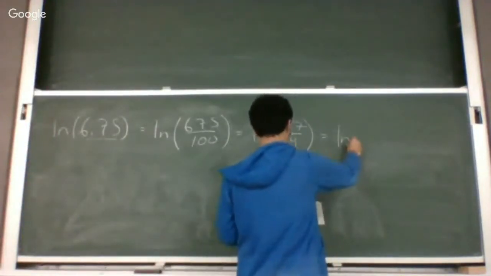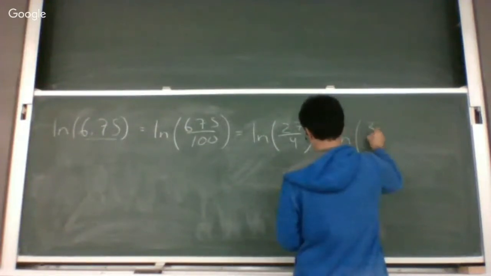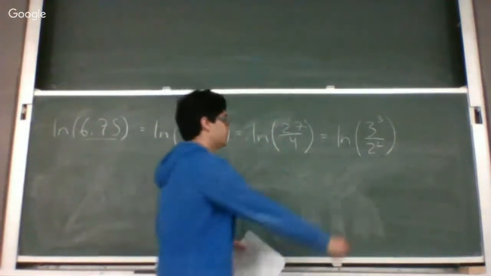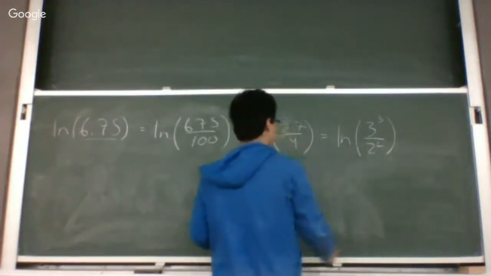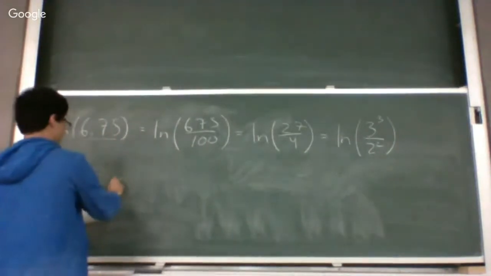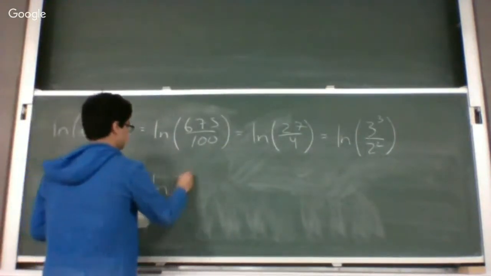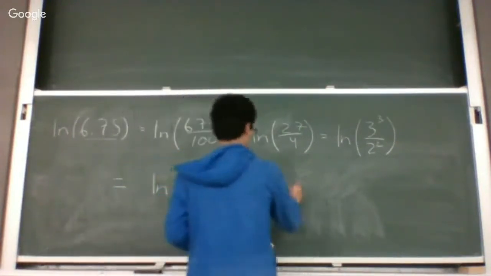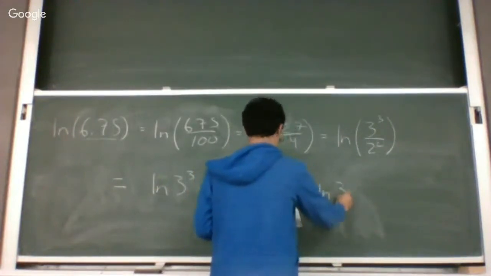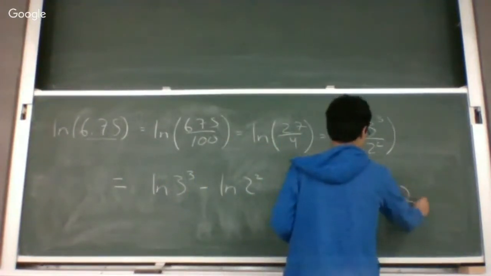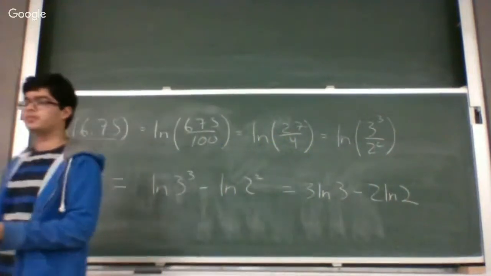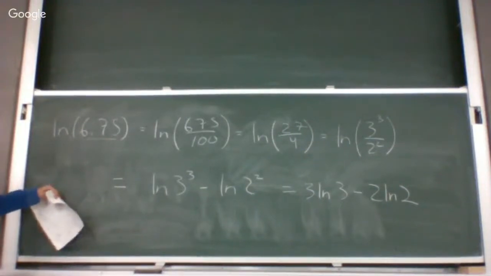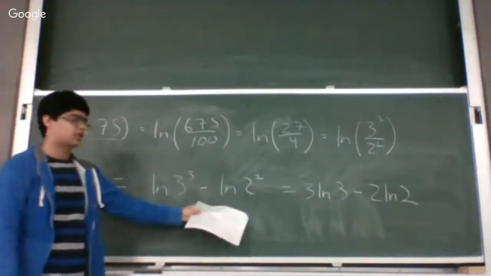That can be written in terms of smaller numbers: 3 cubed over 2 squared. One of the properties that we know is when something is being divided inside a natural log, it means subtraction. So we have the natural log of 3 cubed minus the natural log of 2 squared. And that could be rewritten as 3 natural log of 3 minus 2 natural log of 2. It uses just the basic property that when they're being divided, you can separate them out.